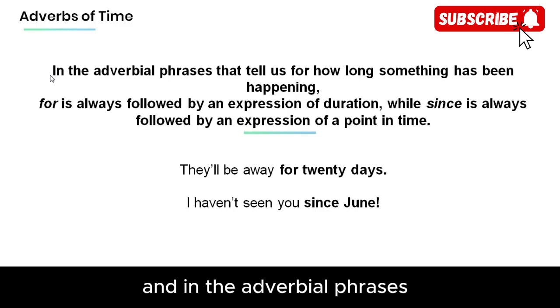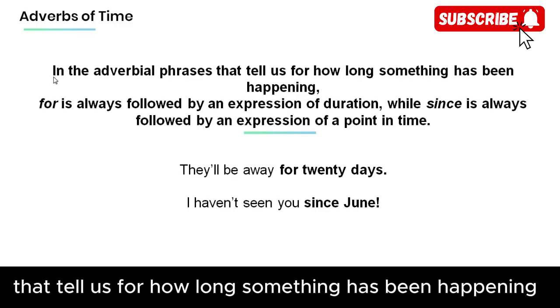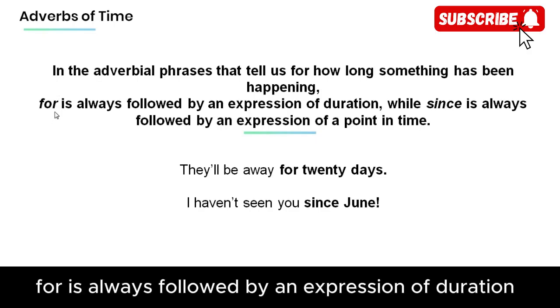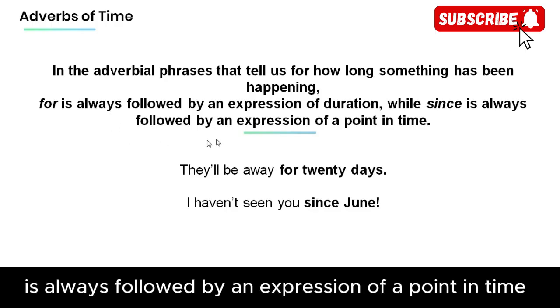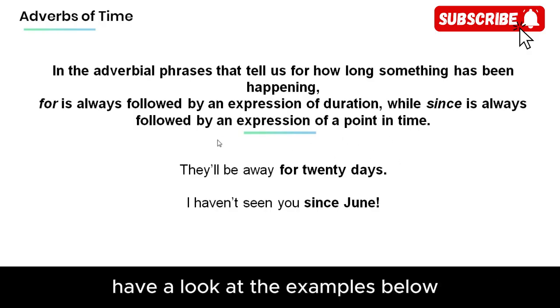And in the adverbial phrases that tell us for how long something has been happening, for is always followed by an expression of duration, while since is always followed by an expression of a point in time. Have a look at the examples below.